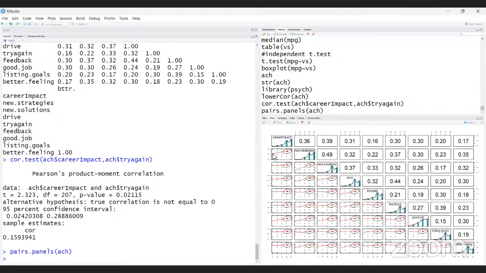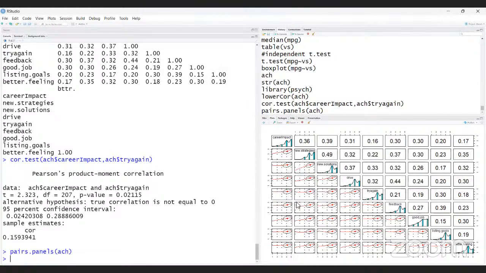It moves in the positive direction. For example, here you can find it moves like this. So it is a positive direction. So that means all the items are positively correlated with each other.